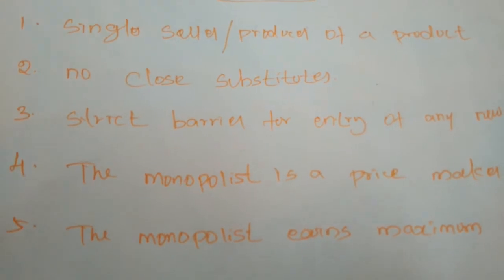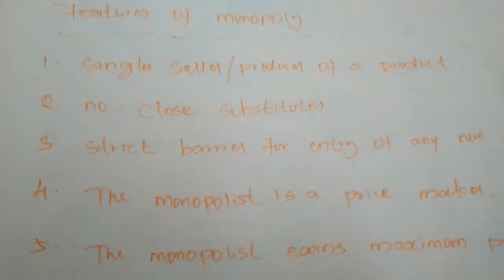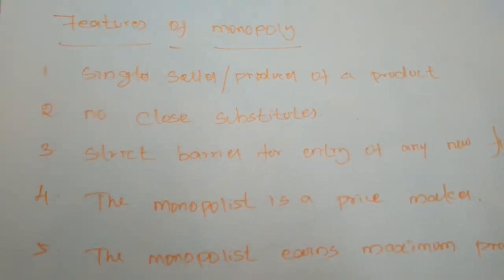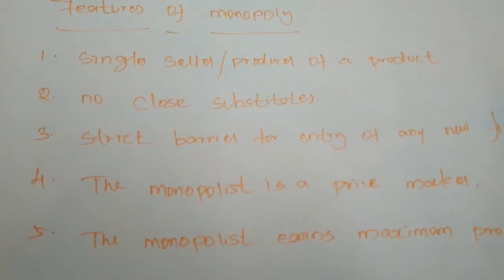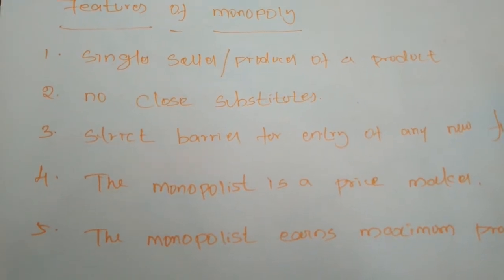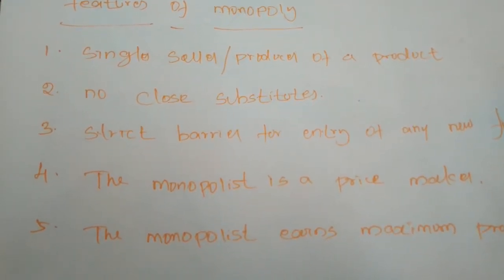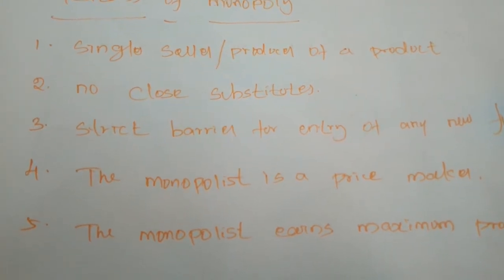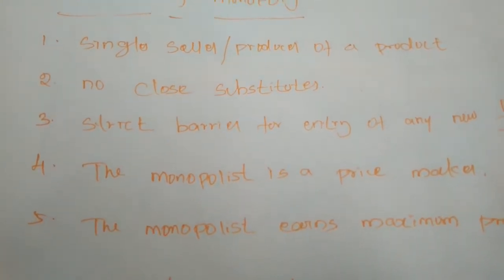Next, no close substitutes. In this monopoly market, there are no close substitutes. For example, we can take the same textbook. When the demand is high and the availability of the book is very low, can we get any substitutes?